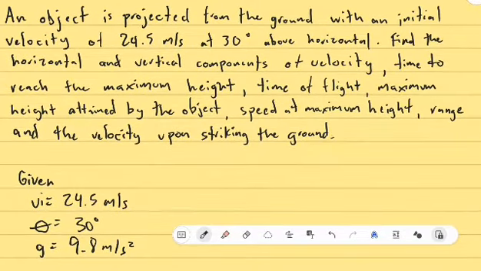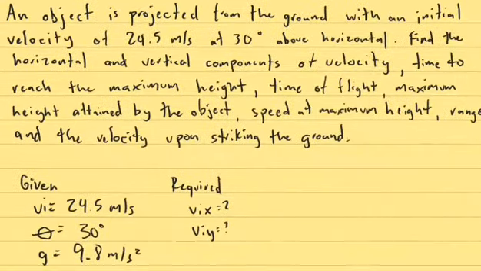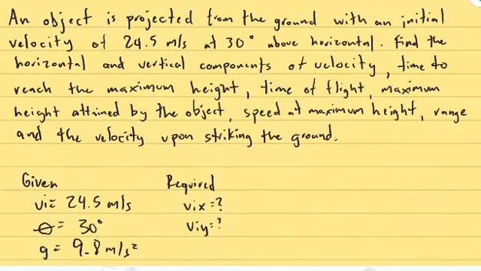So, ano ngayon yung required? Yung kailangan natin hanapin. Medyo madami-dami. First, find the horizontal and vertical components of velocity. That's Vix and Viy. Tapos, ano pa? Time to reach the maximum height. Okay, time of flight. Okay, TOF.